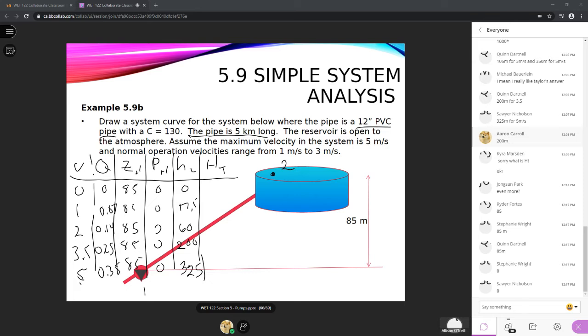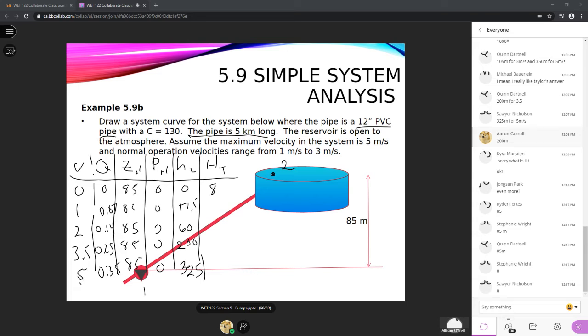So now our pump has to not only supply enough energy to move the water, to give us the flow rate, it has to lift the water to 85 meters of head, and it has to overcome any head losses. So our total head is going to be the sum of our elevation head, our pressure head, and our head losses.